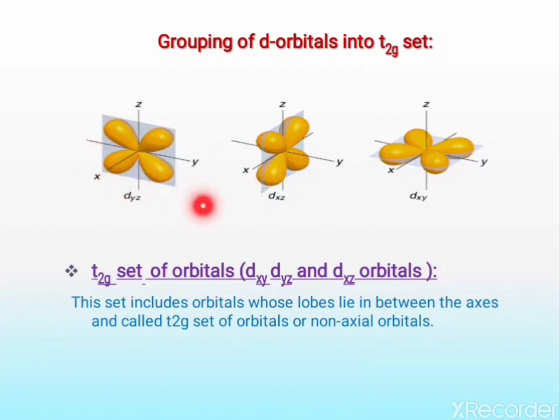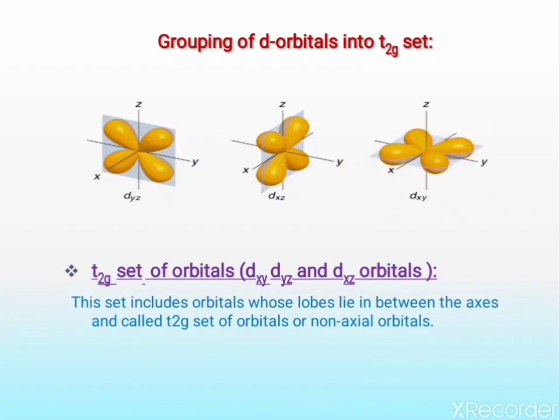These are all the T2g set of orbitals, that are dxy, dyz, dxz orbitals. In these orbitals, the lobes are lying in between the axes. You see here, the lobes are lying in between the axes.